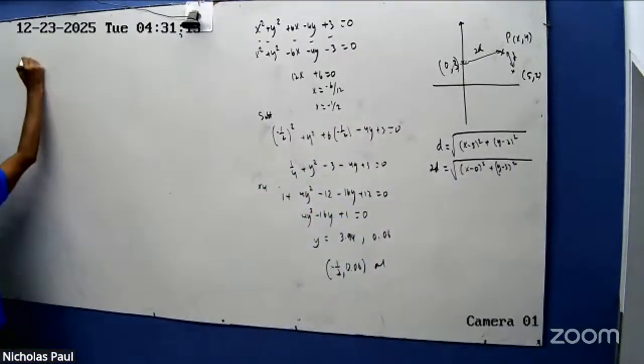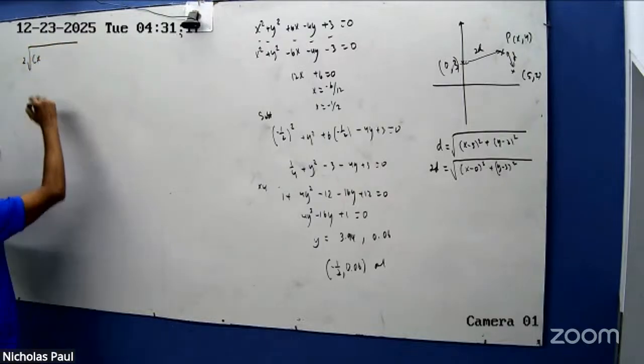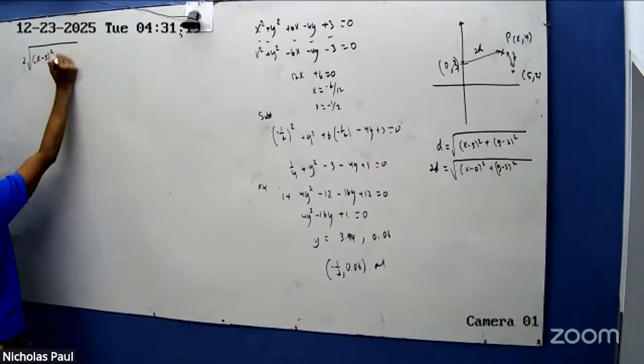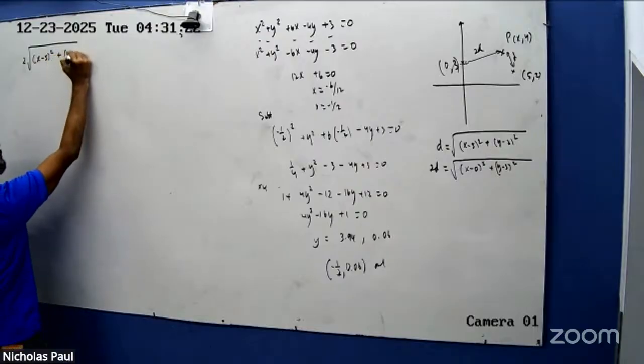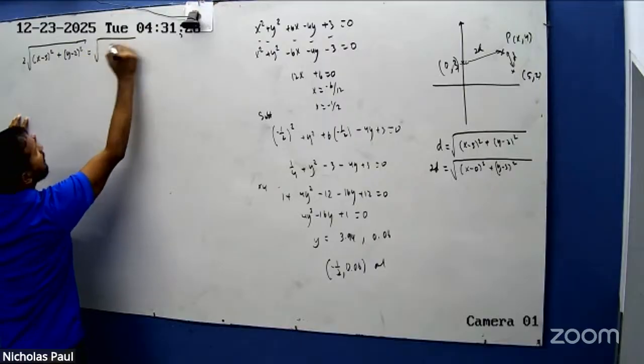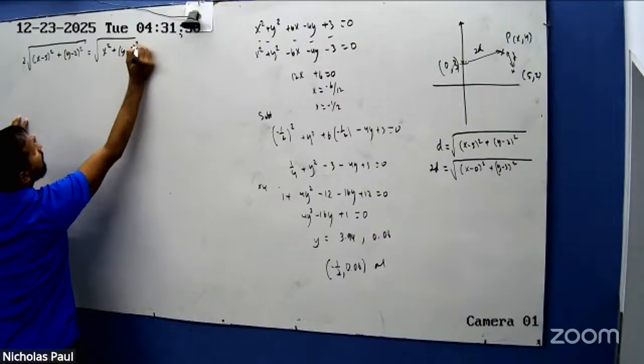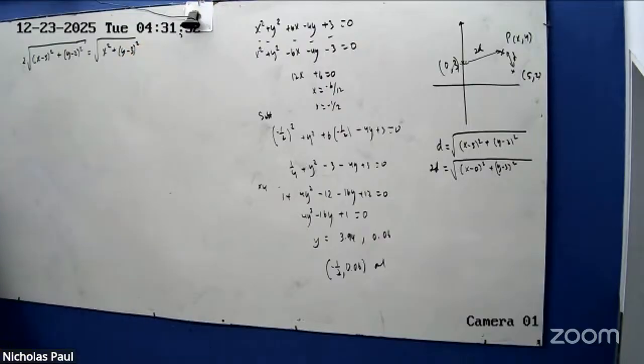Right, so we will end up with 2 by the square root of x minus 5 squared plus y minus 2 squared. Again it is a square root there, Adam.